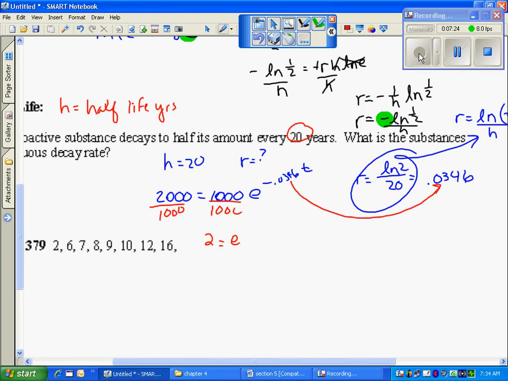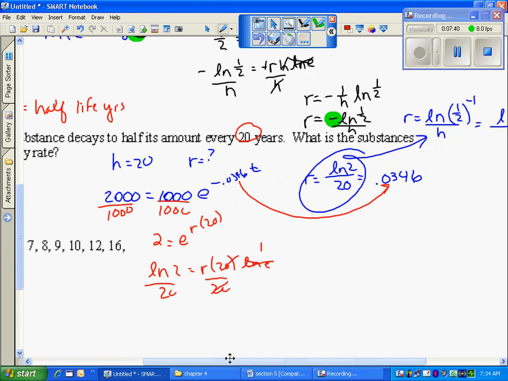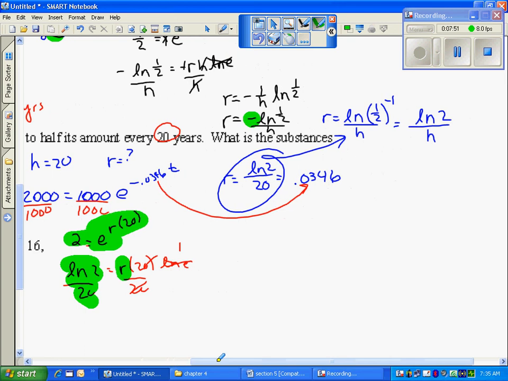So if I don't know r, but I know it happened in 20 years, if I take the natural log, r times 20 natural log of e, which is 1, dividing by 20, you can see you've got choices here. You can, if you choose, go through the process, set it up, and solve to find r, or in general, if you want, you can solve r using this formula.